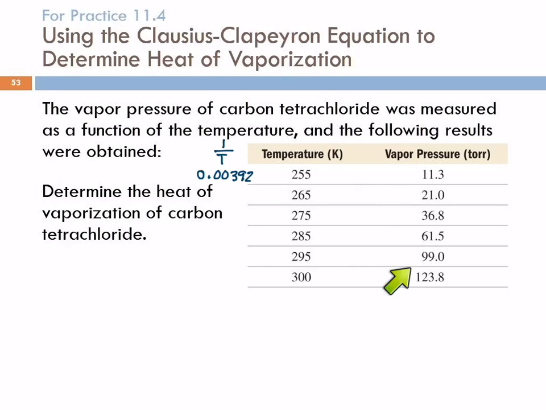And then for the vapor pressure, we want the natural log of the vapor pressure. The natural log of 11.3 is 2.425.